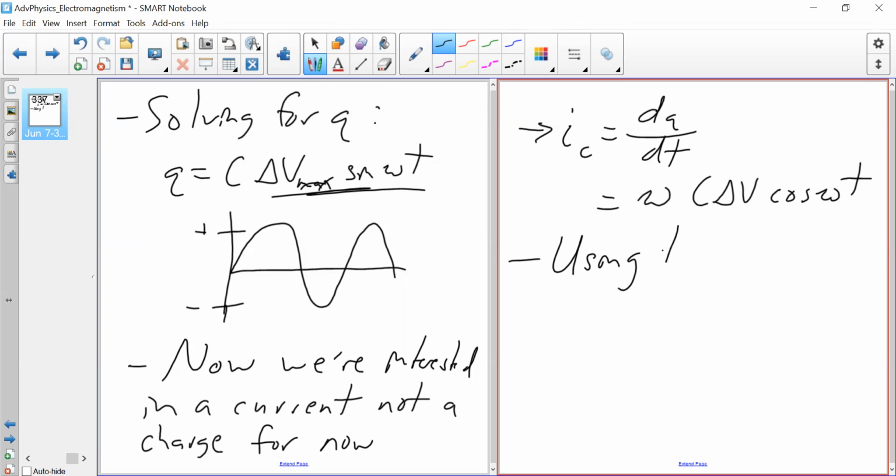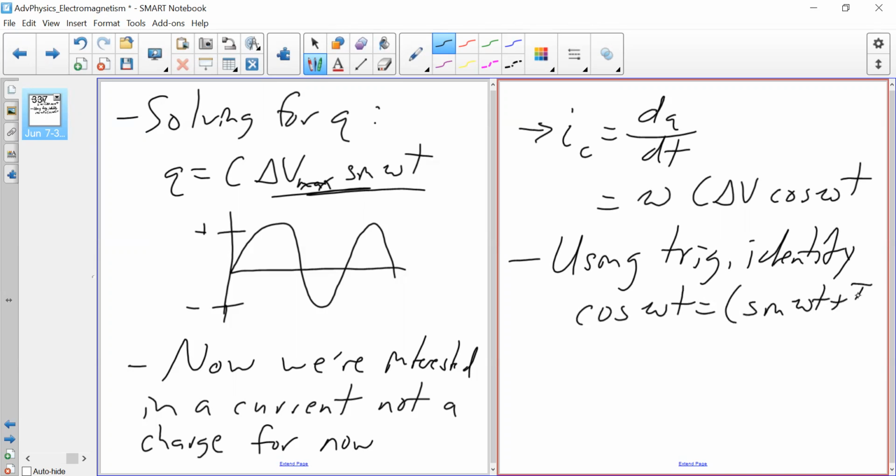So, using this trig identity, cosine omega t is equal to sine omega t plus pi over 2. What does that tell you? What do you think that means?